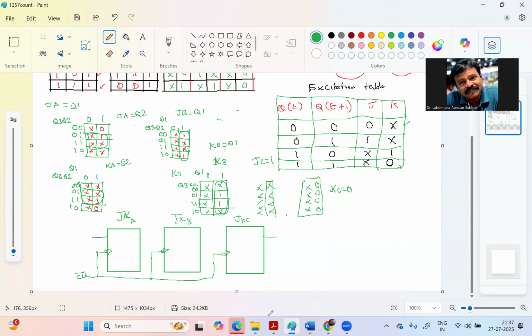So that is we are having now JA is Q2, KA also Q2. So this is the common as here we are having now this is the common Q2. So JA is Q2 and KA also Q2. So that is here. This is Q2, right? So that one is here. This is output Q2.